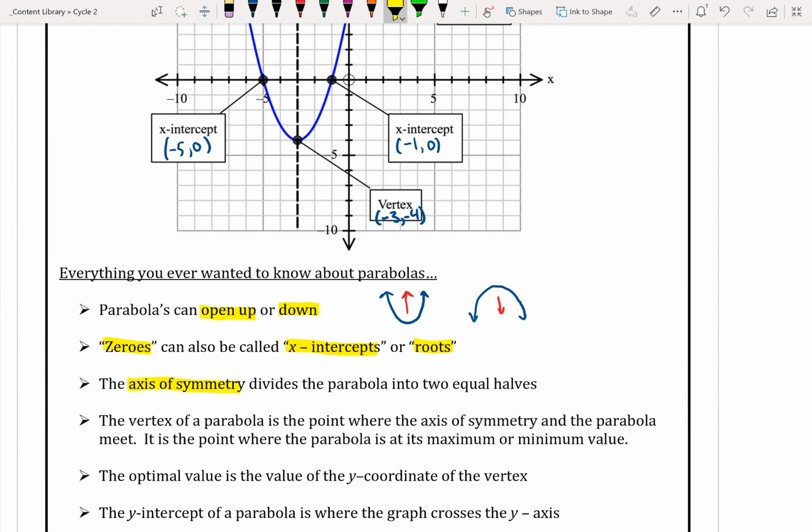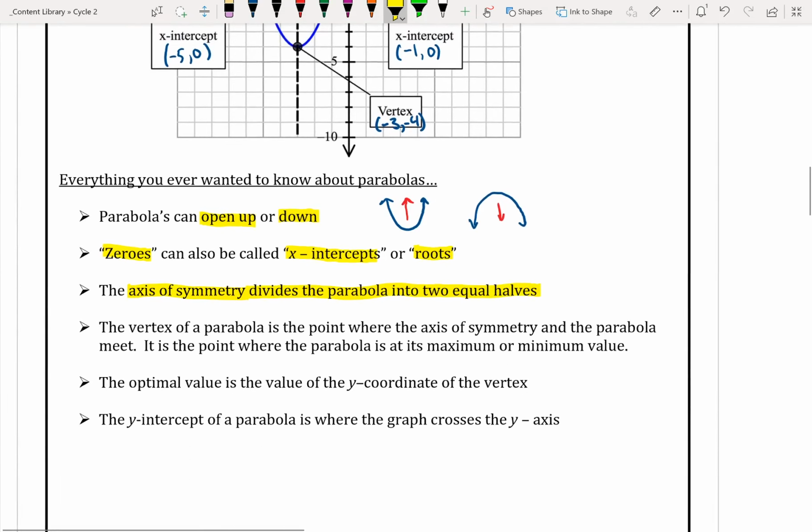The axis of symmetry we talked about divides the parabola into two equal halves. The vertex of the parabola is the point where the axis of symmetry and the parabola meet. So we talked about how the axis of symmetry cuts it right in half, goes right through the middle, and it can also be considered the maximum or minimum value.